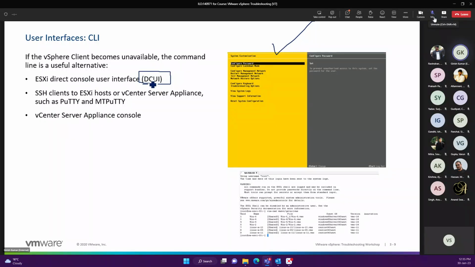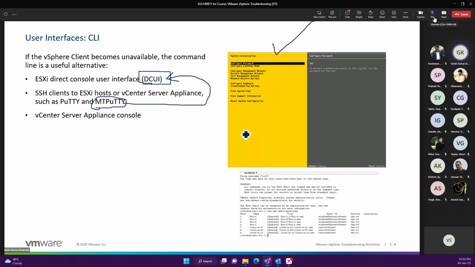Can you access the DCUI through PuTTY? Yes, we can. The DCUI is generally used if you lost all the management network to your ESXi.